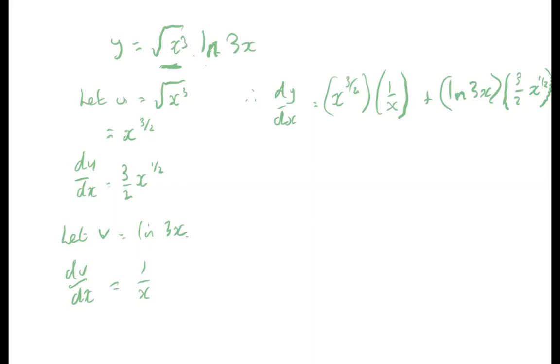We've let v. Yeah, it is. This here is ln 3x, and when you differentiate it, it becomes 1 over x.